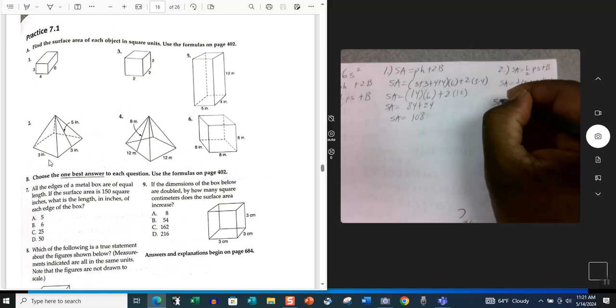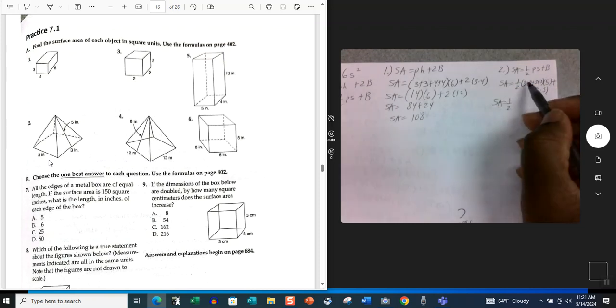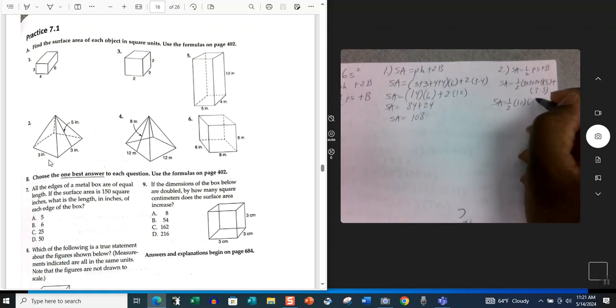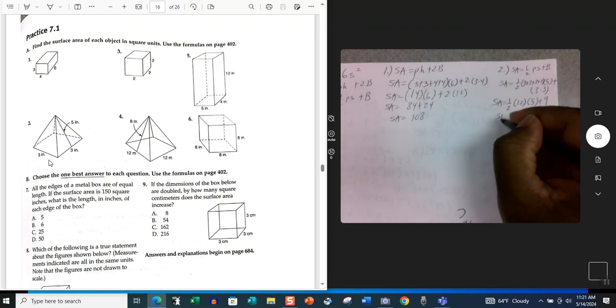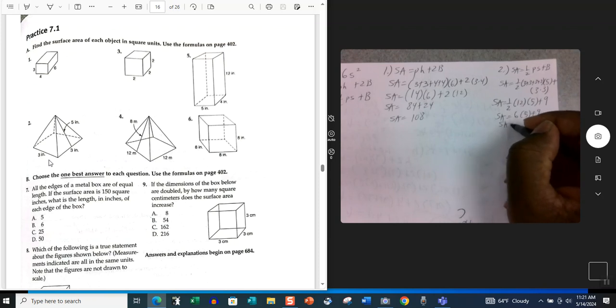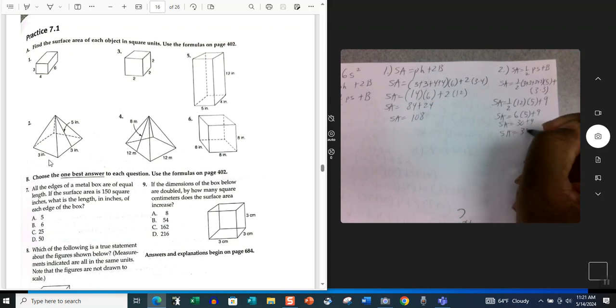So the surface area is equal to 1/2 times 3 added together 4 times, which is 12, times 5, plus 3 times 3, which is 9. Half of 12 is 6, times 5 is 30, plus 9 gives us 39, and it's 39 square inches.